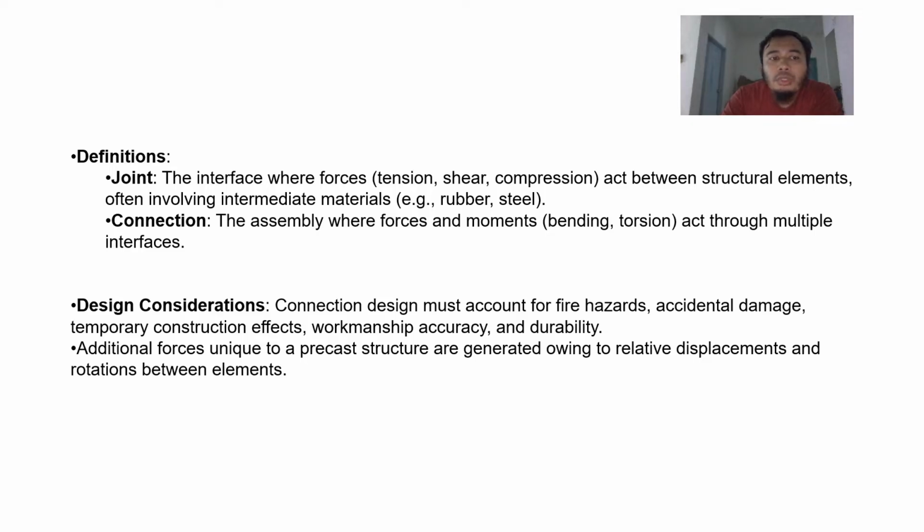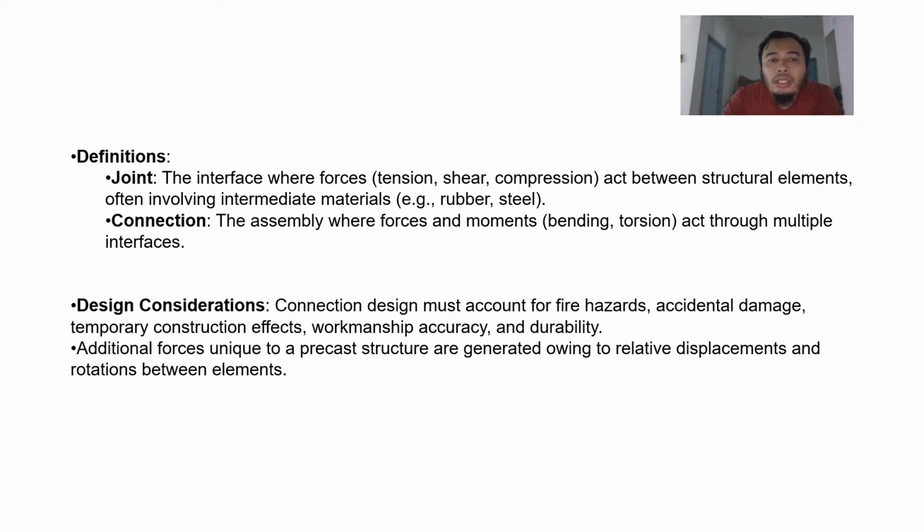So it is important to distinguish between joints and connections. Joints are the interfaces where forces act between structural elements, often involving intermediate materials. So you have forces acting, which can be tension, shear, compression, and you have intermediate materials, for example rubber, steel plate.